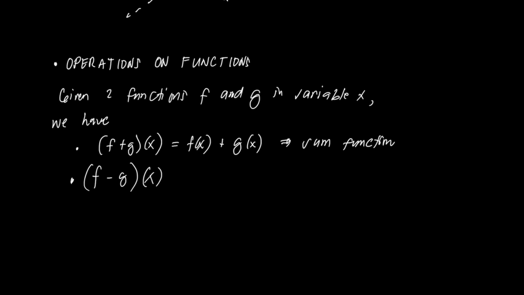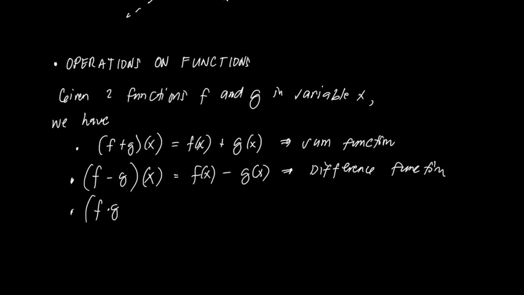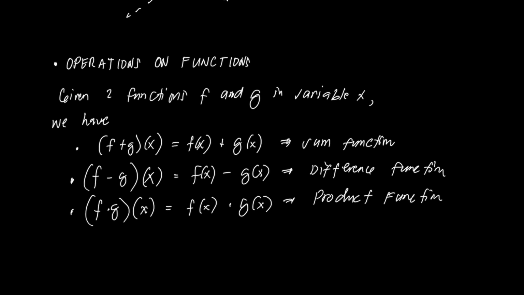Also, the difference of f and g of x is just f of x minus g of x, and that is the difference function. Then f times g of x is just f of x times g of x, which is the product function.